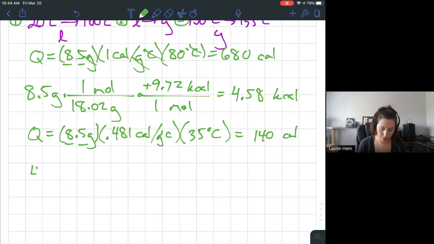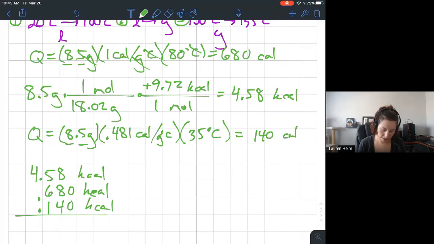So we have 4.58 kcals. I'm going to change 680 to kcals. That's 0.680 kcals. And then 0.140 kcals. Add those up. Oops, sorry, this should be 2 sig figs as well.